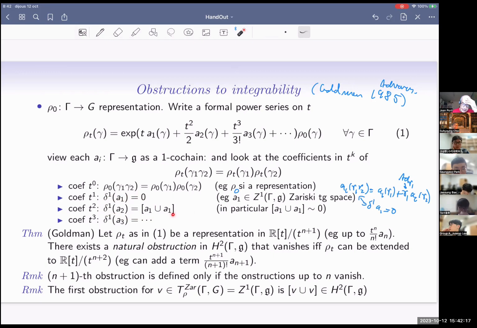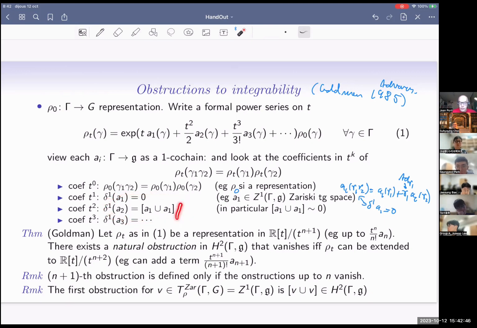I will not write the precise formula here, it's a little bit long, but it says that the co-boundary of this guy is the cup product of this guy by itself, and this is A1. Sorry, I will not write it, but that's an exercise.